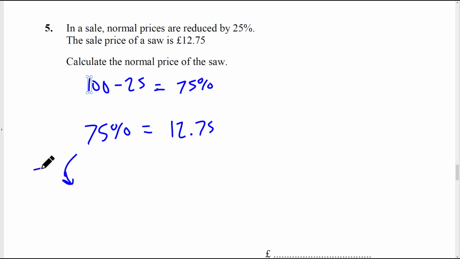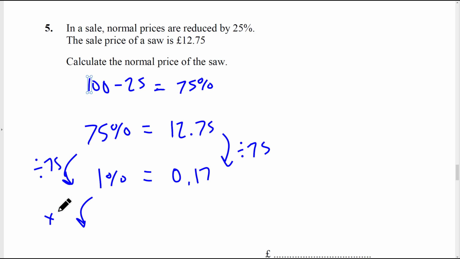So remember, divide by 75 to get 1%. That's going to equal 0.17. And you know what to do now, times by 100 to get 100%. Times by 100, and you'll get £17.